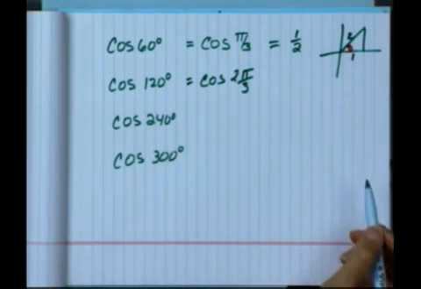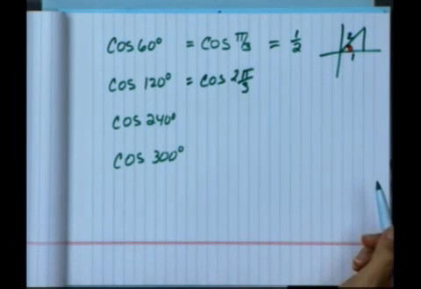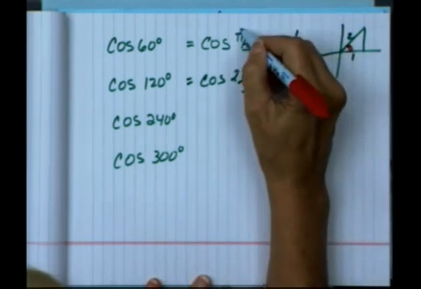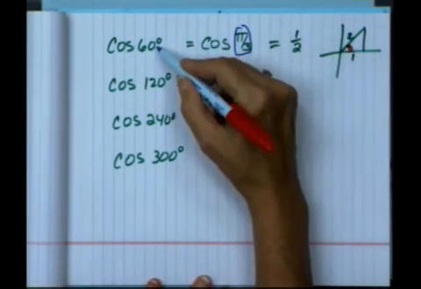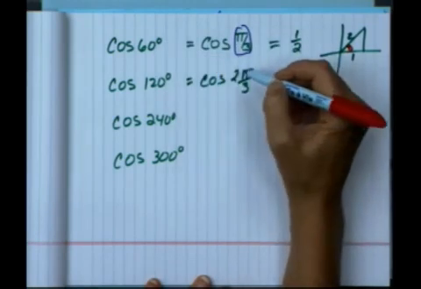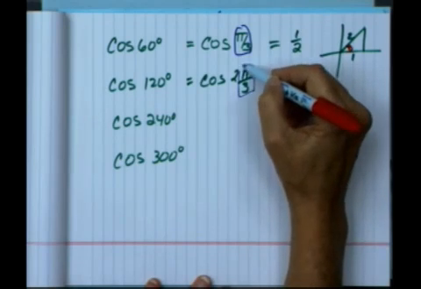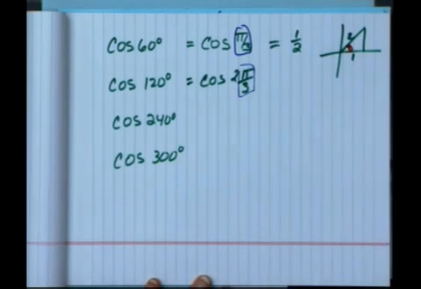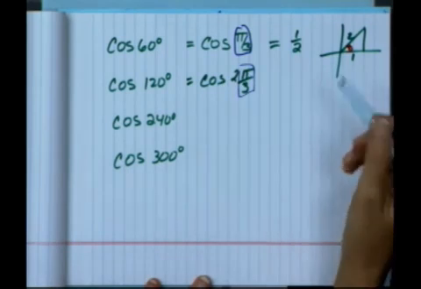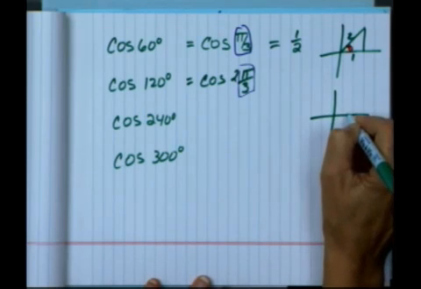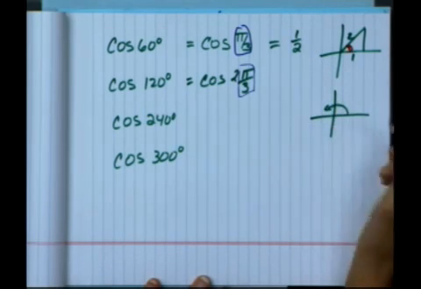You could always go 120 times pi over 180, but I'm hoping that you're going to start to see pi over 3 represents 60 degrees, and if you want a multiple of 60, it's like twice pi over 3. Okay, so anyway, terminal side of 120 is over in the second quadrant, true?